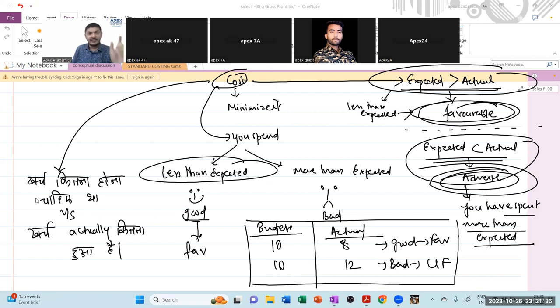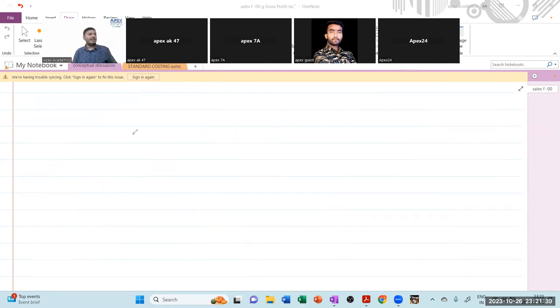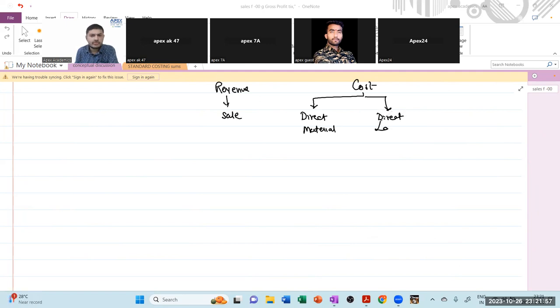I am rubbing the screen now. Now, let us understand that when it comes to revenue, I am only looking at sale. And when it comes to cost, इसमें मैं direct material, direct labor, overheads, variable and fixed, ये deal करता हूं.